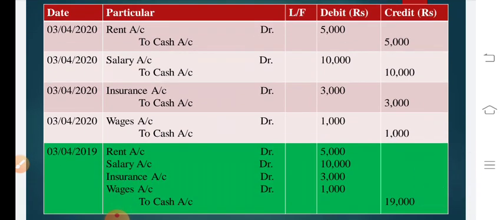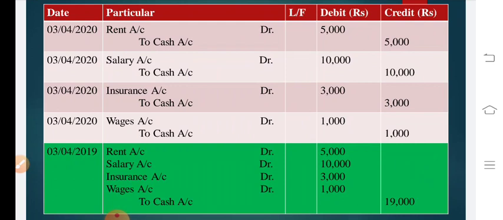And the journal entry here is, as you all are aware, that expenses paid fall under the category of nominal, and the nominal rule says debit all expenses and losses, credit all incomes and gains.